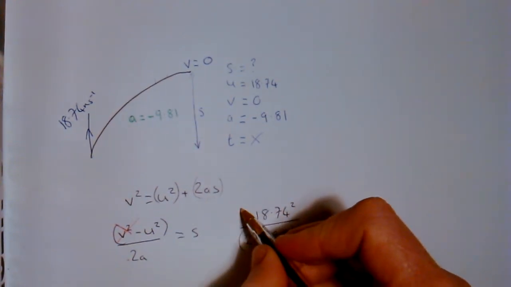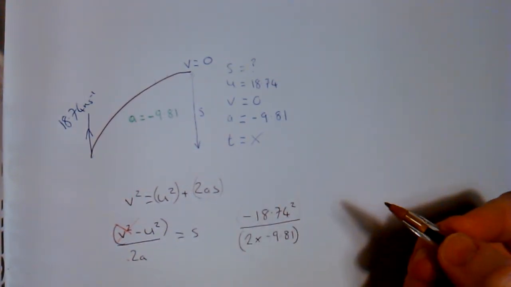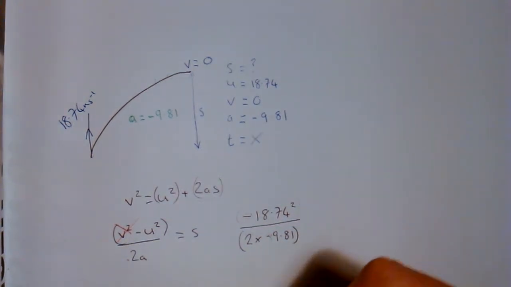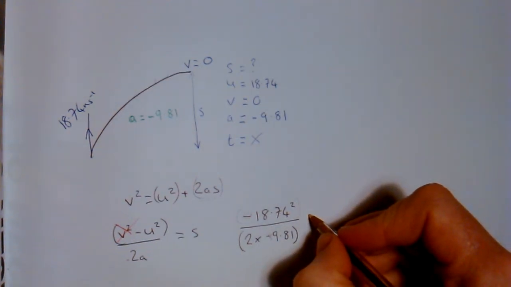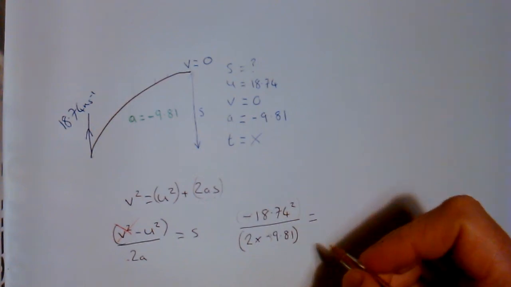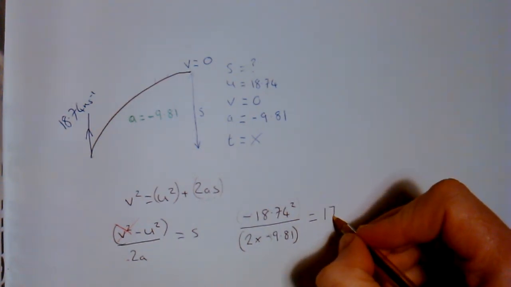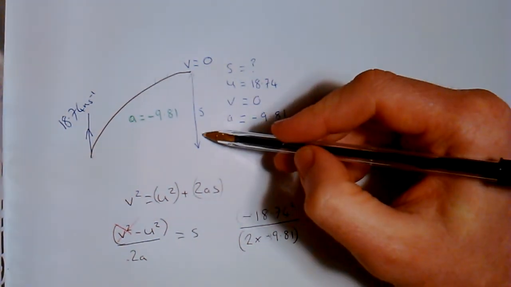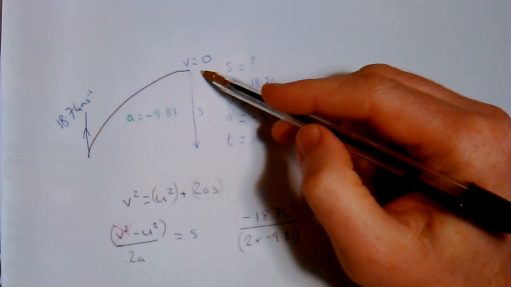Okay, put that on a calculator as we see it. And if you really want to, you can just get rid of the minuses now, but I say stick it in the calculator so you don't make any mistakes. And that works out at giving us a height that the golf ball went of just short of 18 meters, 17.8 meters high. Okay, so it reached a maximum height of 17.8 meters.